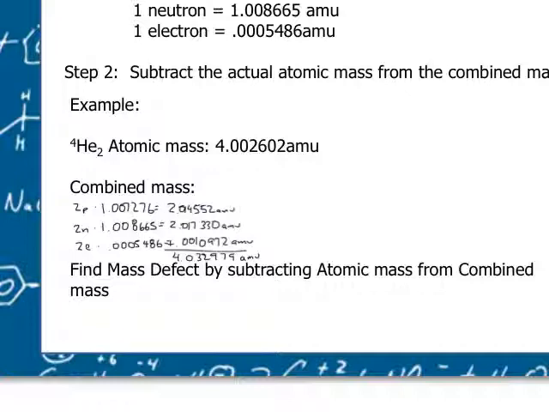And we can see that the actual atom is slightly less than the weight of all the parts. So now we will subtract these two and find the mass defect.